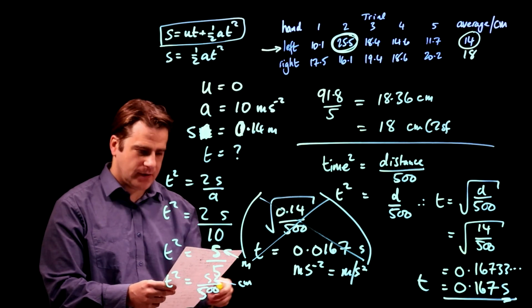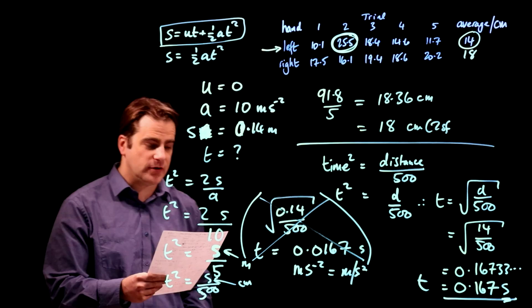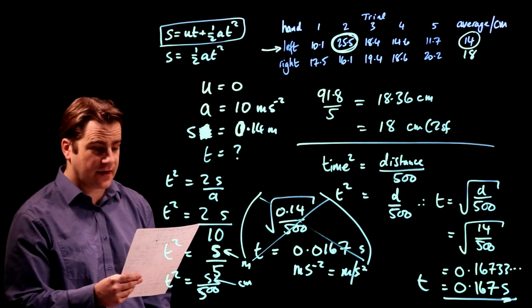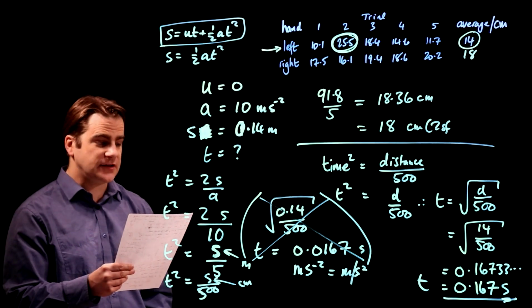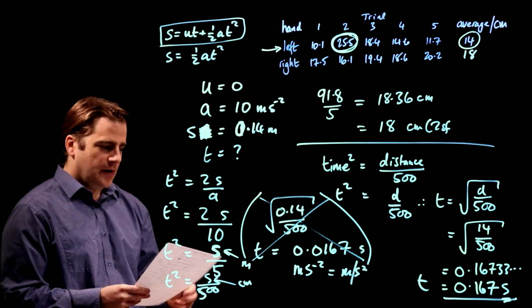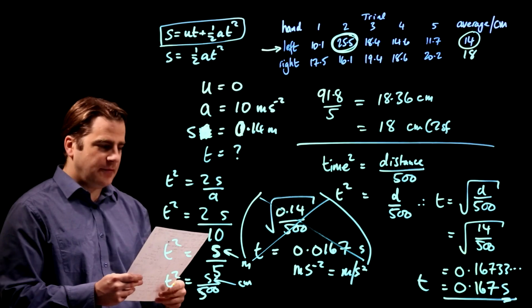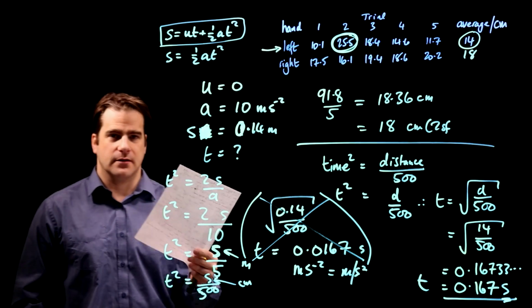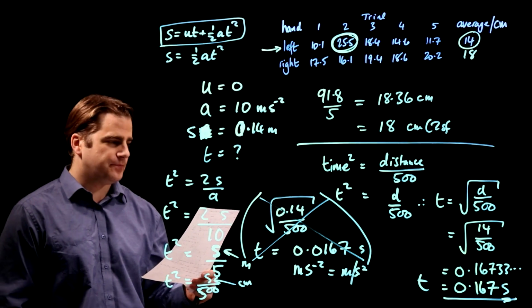Right. Describe how the students could develop their investigation to investigate how reaction time changes with another variable. Okay. I wouldn't blame you for not really knowing what they're getting at here.